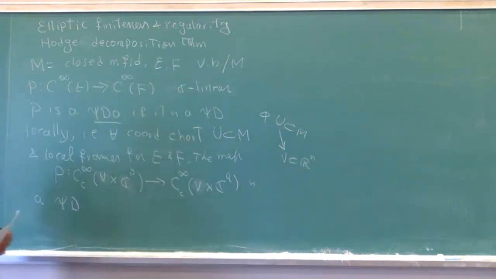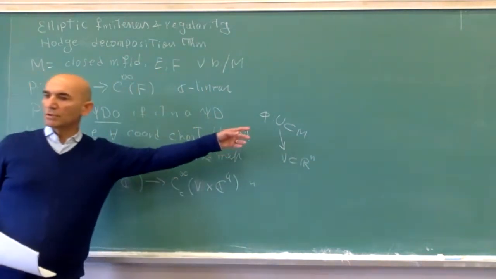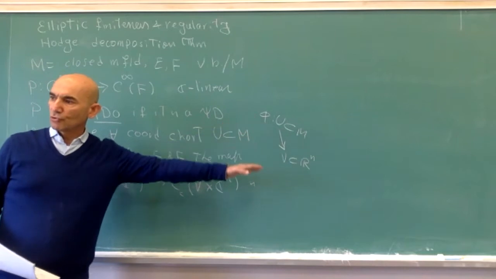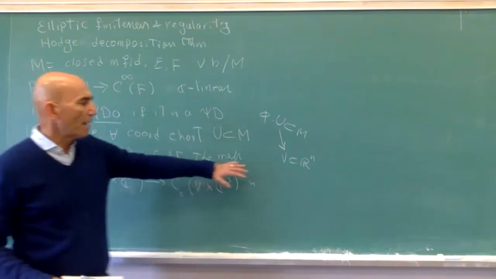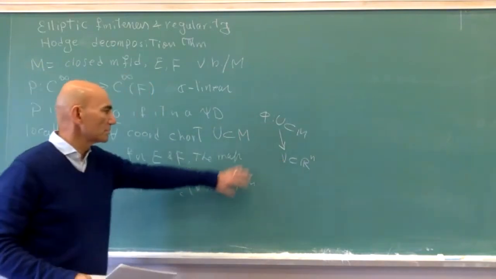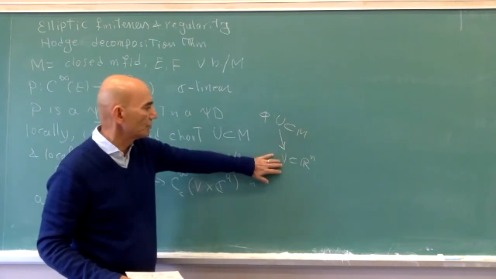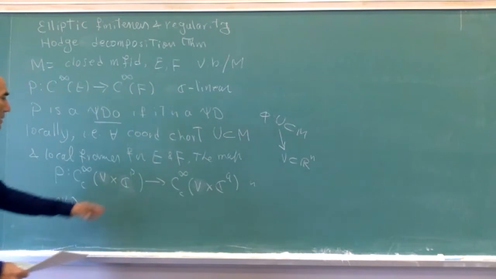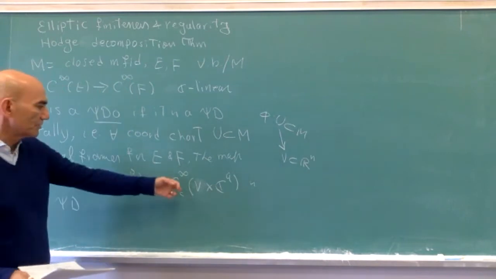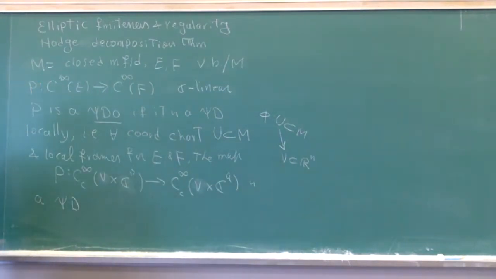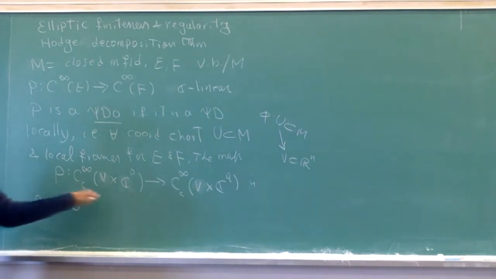So we can use this coordinate system to transfer functions or sections on U to sections on V. And using framings, we get trivial bundles like that. And then the corresponding operator should be a pseudo.